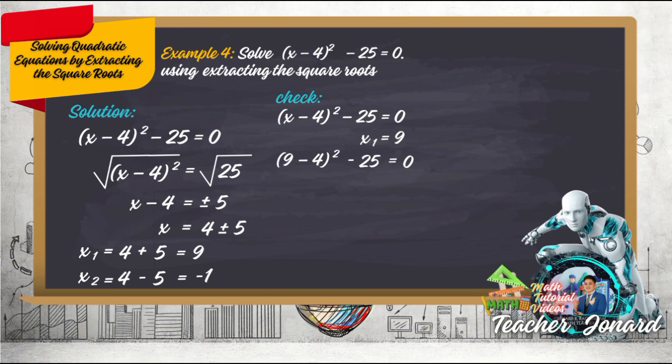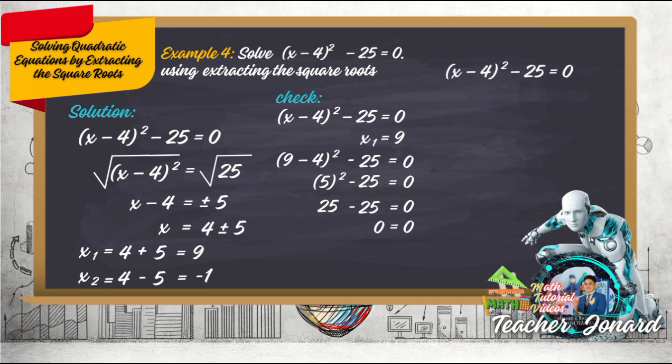Then, simplify. 9 - 4 is 5, squared, minus 25 is equal to 0. The square of 5 is 25, 25 - 25 is 0, 0 = 0. The equation is true, then 9 is a solution of (x - 4)² - 25 = 0.